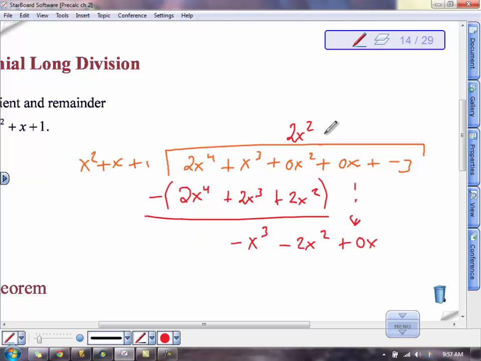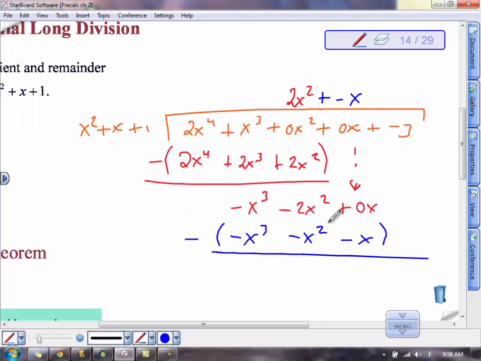Now what can I put up here to multiply by x to get the next line? Negative x, so that I get negative x cubed when I follow through. Negative x times x gives me negative x squared, and negative x times 1 gives me negative x, and now I'm going to subtract again.